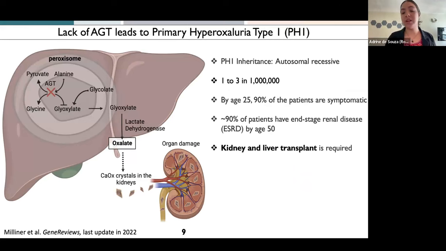The name of this rare disease associated with AGT malfunction is primary hyperoxaluria type 1, an autosomal recessive disease that affects 1 to 3 in a million per year. By age 25, 90% of patients are symptomatic, and 90% of patients will have complete loss of their kidneys by age 50. Patients with this disease need kidney and liver transplant because they need to fix the problem in the liver to not have another kidney affected.